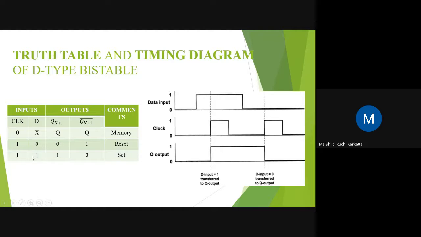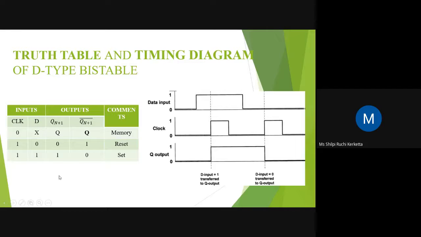And for D input as 1, S becomes 1 and R becomes 0, so the output Q is 1 and Q bar is 0. That's why we call it set, because Q is 1. And if we change the clock back to 0, that is a memory state. This is the condition for a memory state. This D is not affecting, that's why we have marked it as a cross.